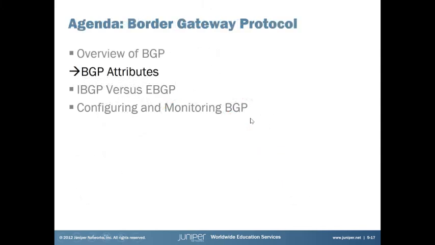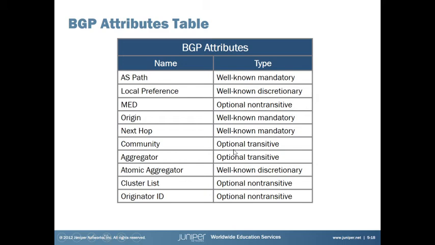Okay, let's take a look at some of the attributes that we mentioned earlier that can be used to control route selection. We've already mentioned the AS path, which is the autonomous system path.